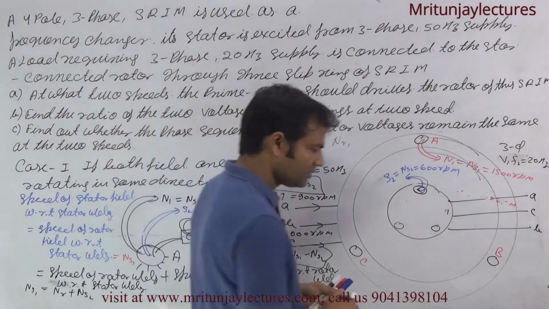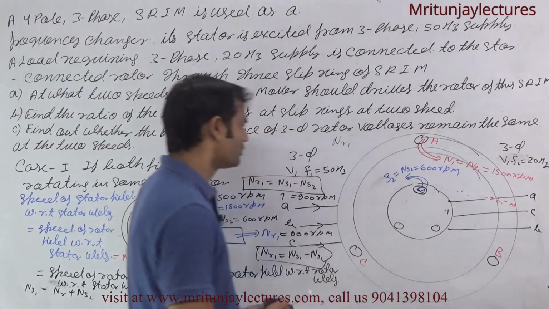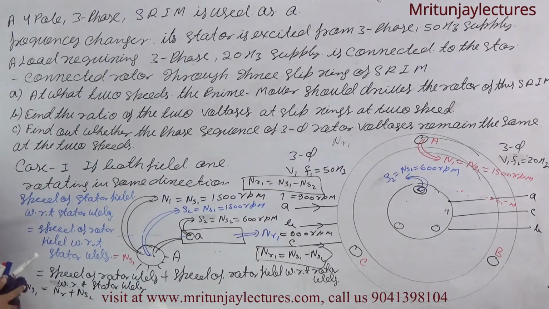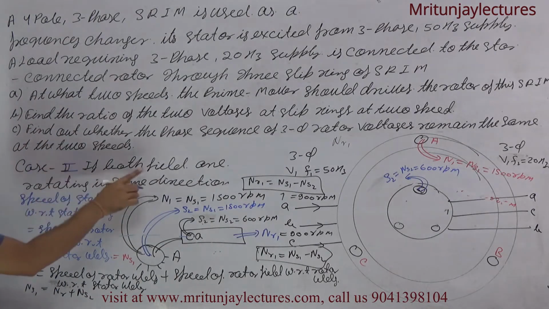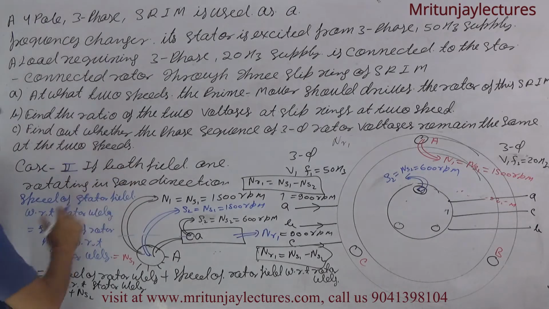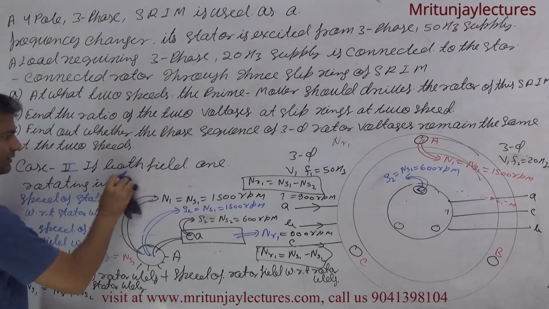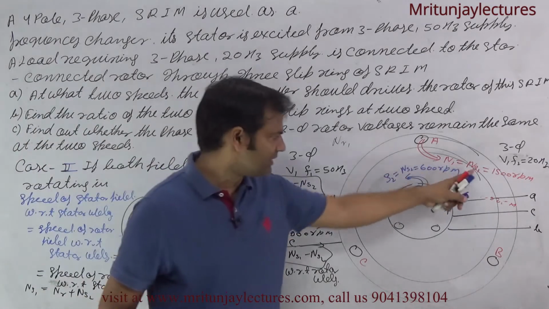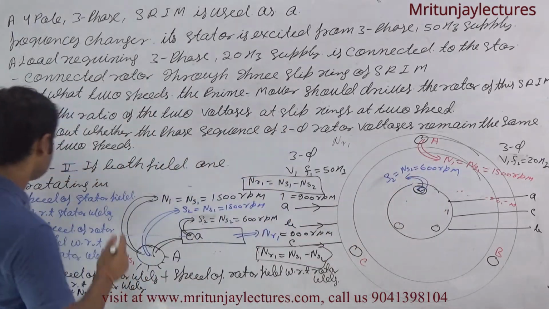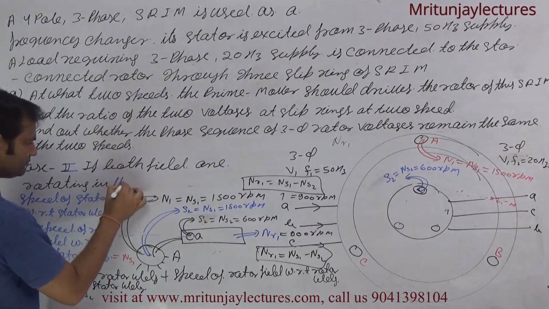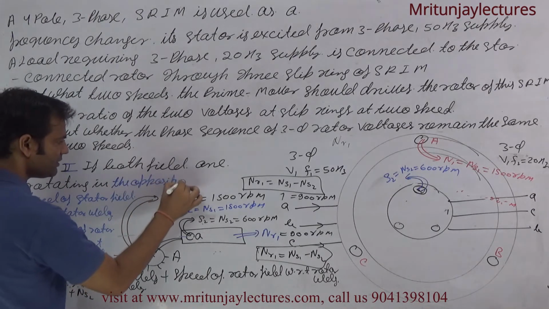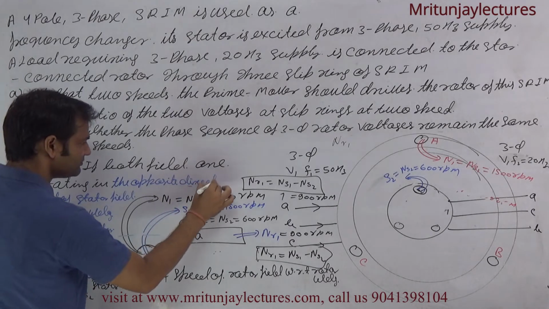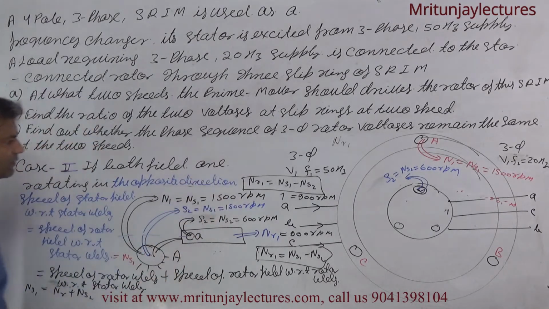Then what about the rotor speed? First of all, make it. Now second case, if both fields are rotating in the opposite direction. Clear? This one is clockwise and this one is anti-clockwise. Opposite direction. Okay.